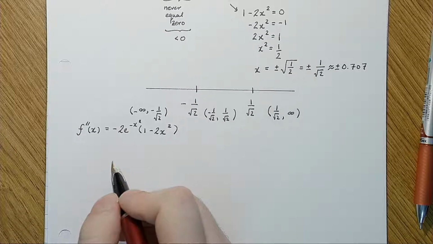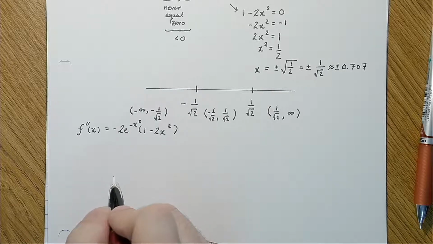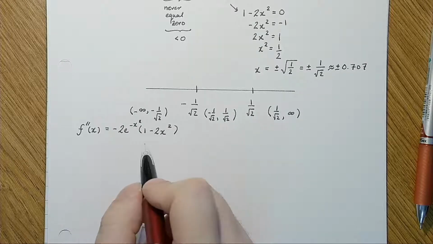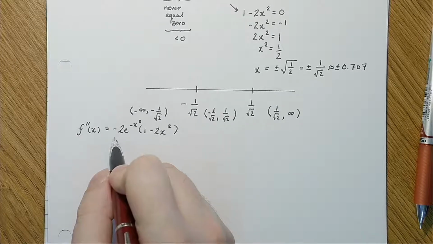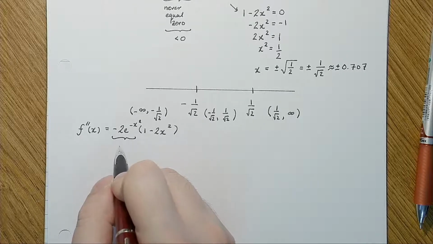So if I picked something like, let's say, -1, first of all, I know that this is always going to be less than 0.